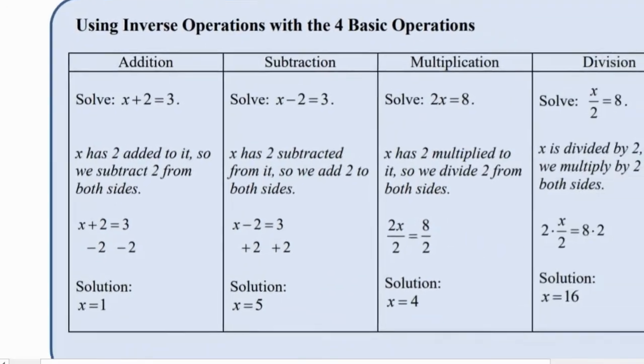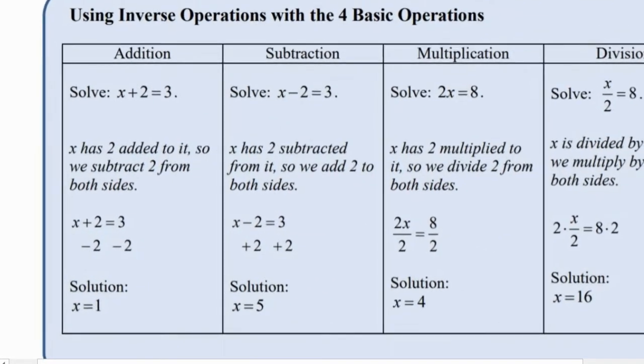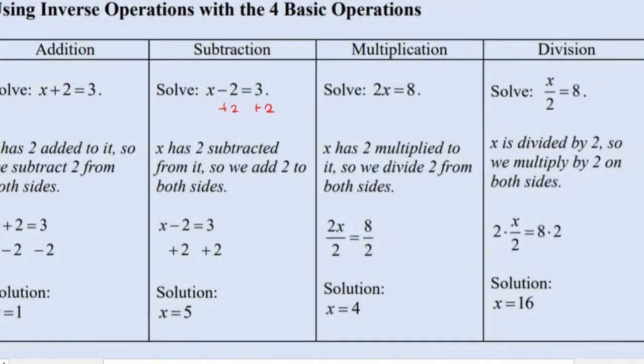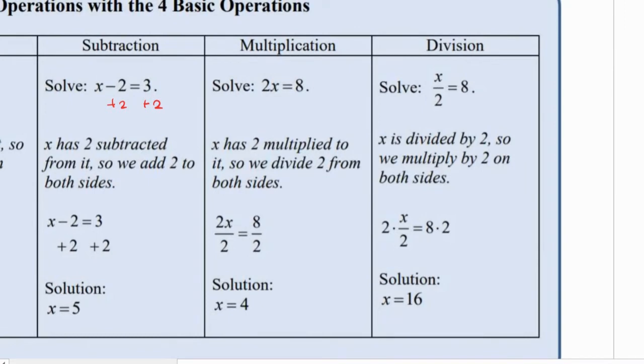Next, I want you to take a look at this. We've already done addition, and when you use subtraction to cancel minus 2, you have to add 2. And the answer is 5. And we've done multiplication. And here, what is the division bar? What operation is it?